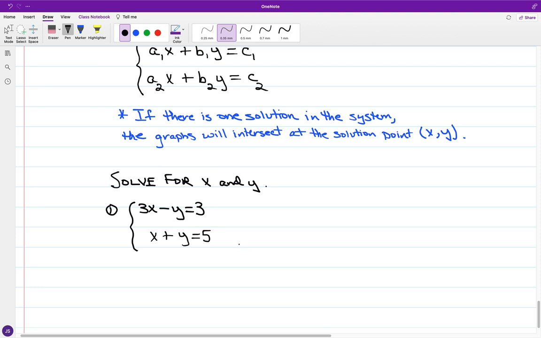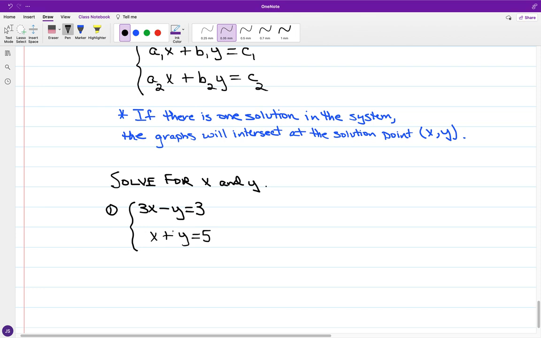Okay, so we got 3x minus y is equal to 3, x plus y is equal to 5. And we can use a process of elimination through what is often referred to as the method of addition. If you notice, we have 3x and x in the first and second equations, and for y we have a negative y in the first equation and positive y in the second, so you already have additive inverses.